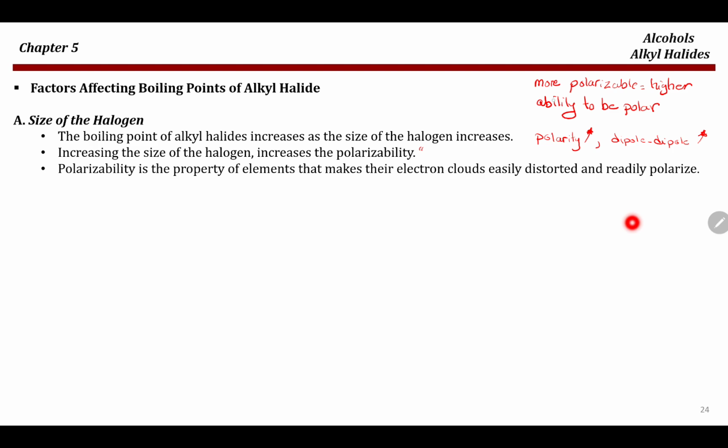Again, more polarizable means a higher ability to be polar. So as you increase the size of the halogen, the compound will be more polarizable. It will have a higher ability to have more polar bonds. Because of this higher polarity, the strength of the dipole-dipole interaction will increase, and that's why the boiling point will increase.